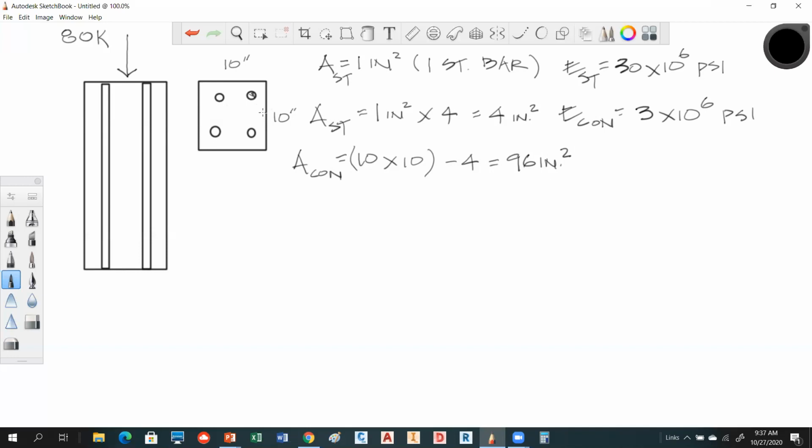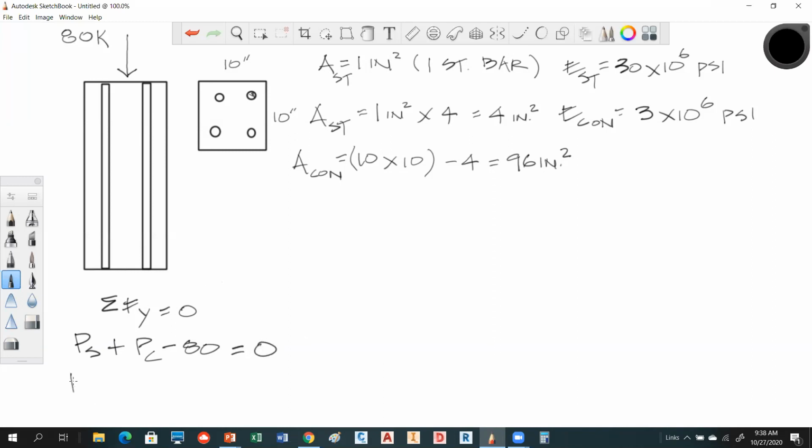No problem there? Okay, so if we look at the statics on this, based on what we said before, in the y direction, we know that the force of the steel plus the force of the concrete minus 80 kips has to be equal to 0 by equilibrium.